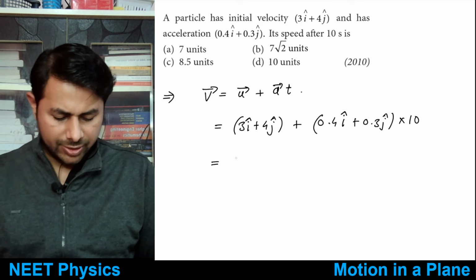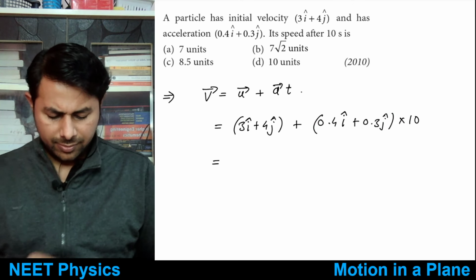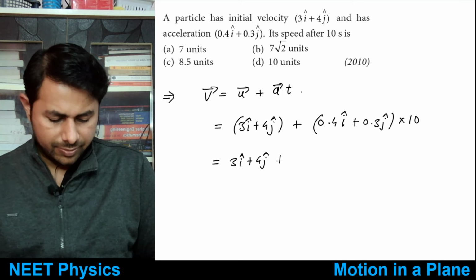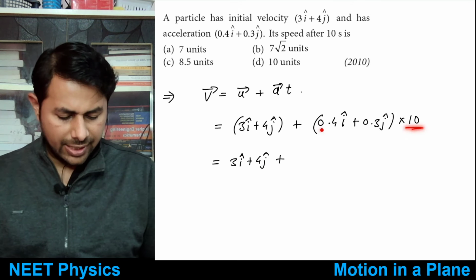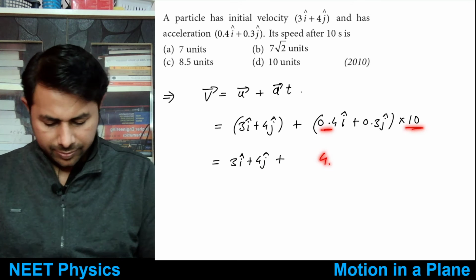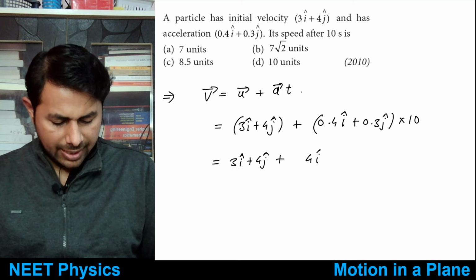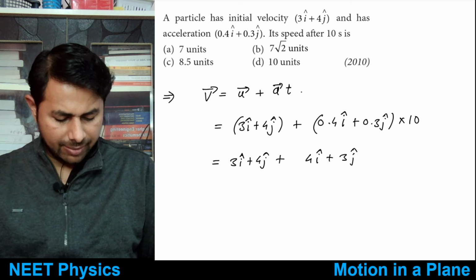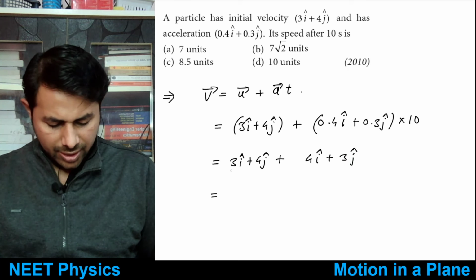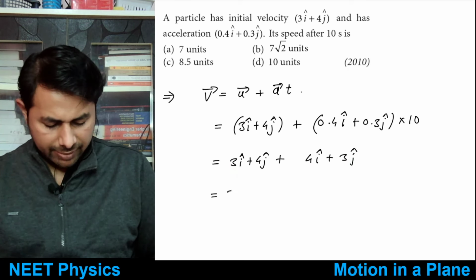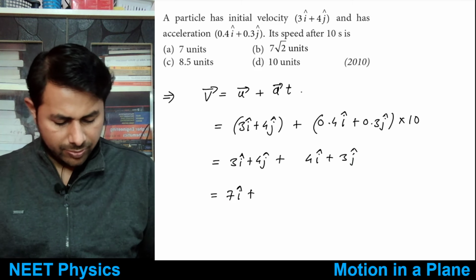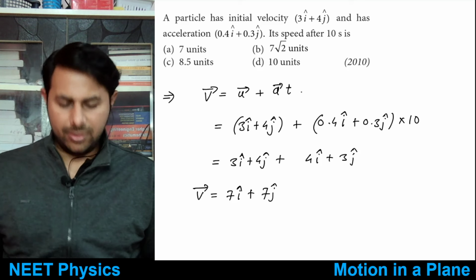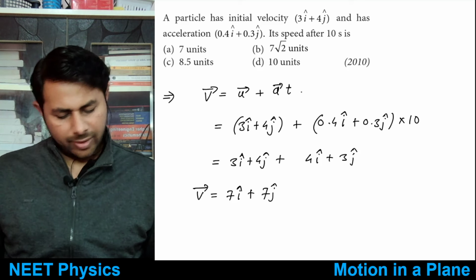This is a very simple question. Okay, so 3 i cap plus 4 j cap plus, so 10 times 0.4 is 4, so this becomes 4 i cap plus 0.3 times 10 is 3 j cap. So it is 3 plus 4 means 7 i cap plus 4 plus 3 means 7 j cap. So this is the final velocity. Option B, good.